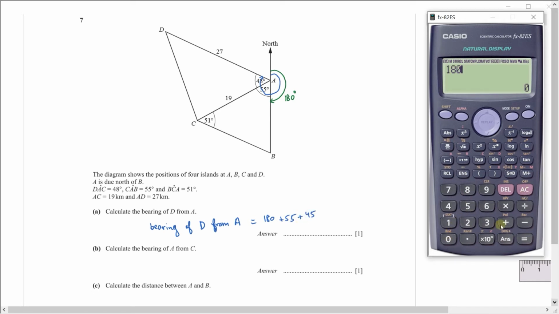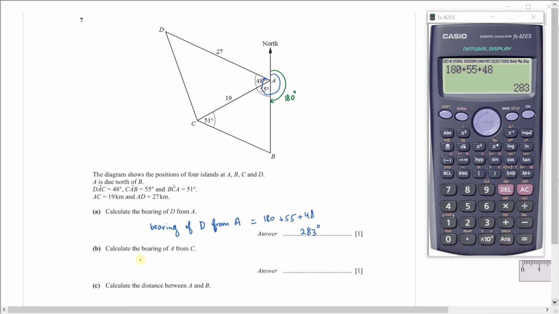Sorry, this is not 45, I think this is 48. So 180 plus 55 plus 48. So this bearing is 283 degrees.